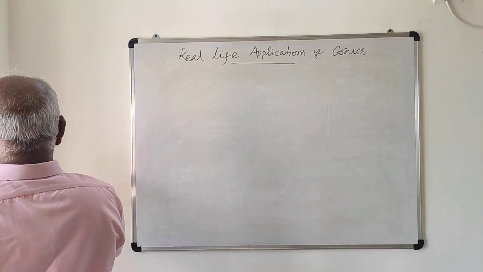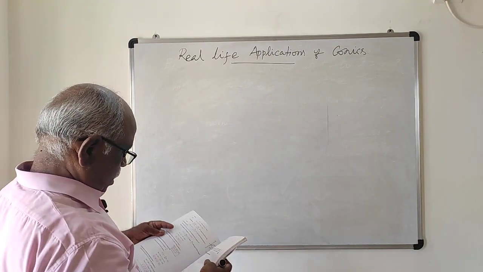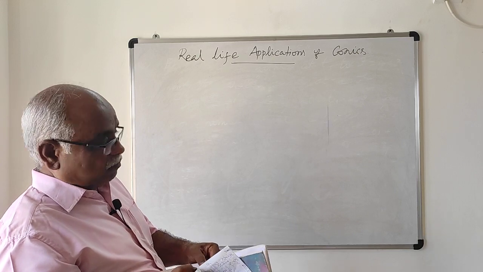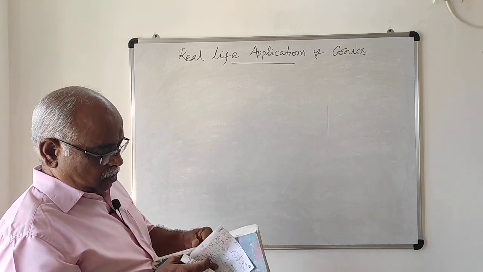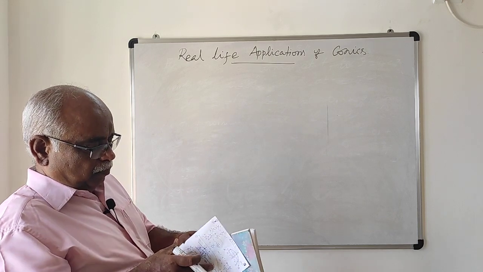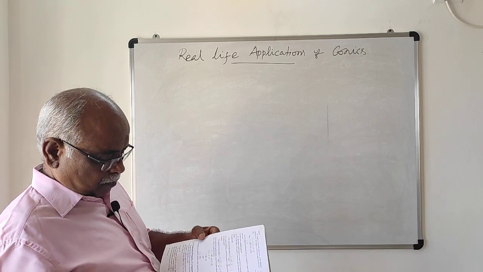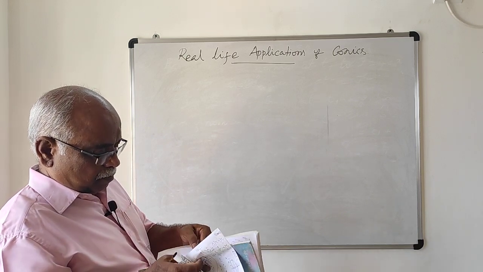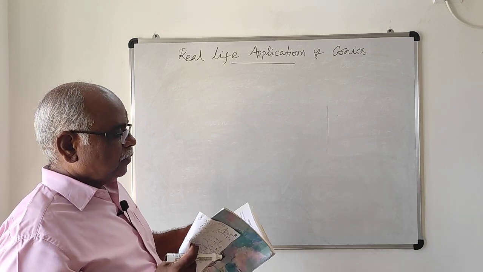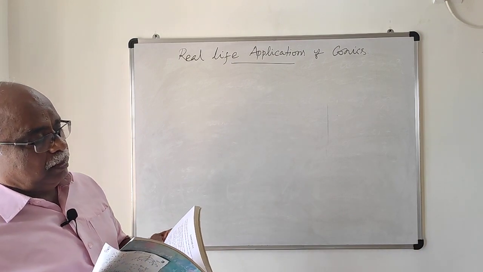First, our problem is given in the exercise 5.5. First problem, a bridge as a parabolic arc.